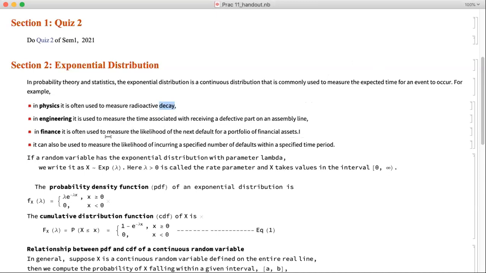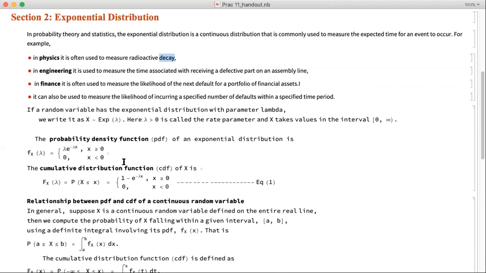In finance, it's used to measure the likelihood of the next default for a portfolio, and also the likelihood of incurring a specific number of defaults within a specified time period. So it has many applications in real life.